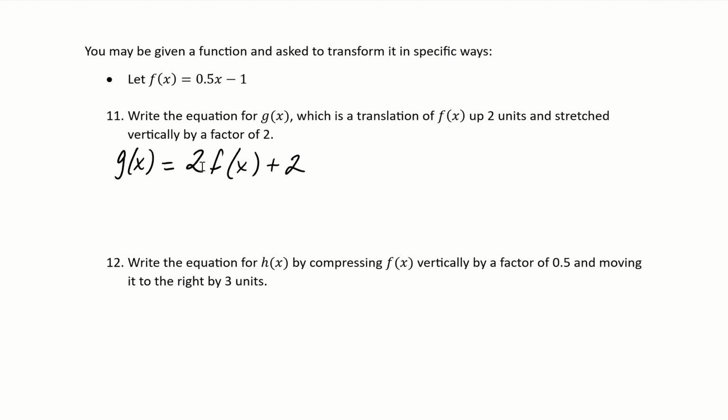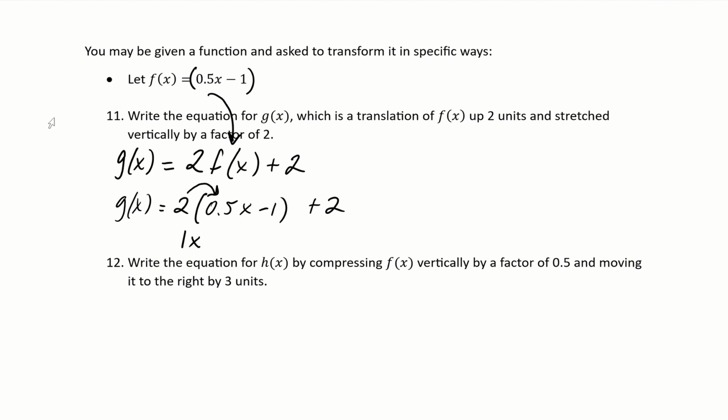Okay, and you can refer to that chart that I was telling you about at the beginning to really see those. Now I'm going to take what f of x equals and plug it in here. So g of x is equal to 2 times 0.5x minus 1 plus 2. I'm going to distribute this 2. So 2 times 1/2 is equal to 1.